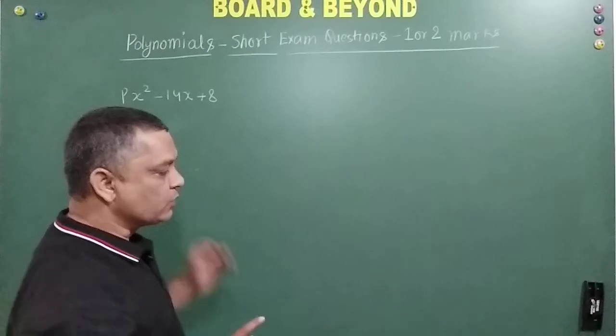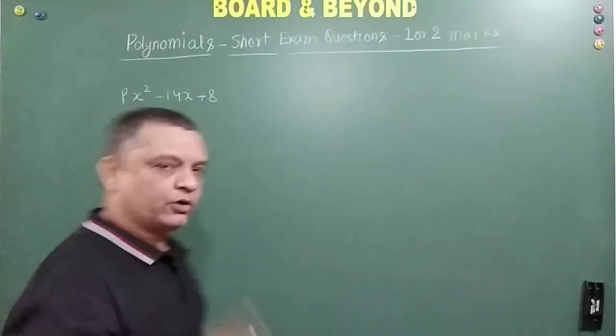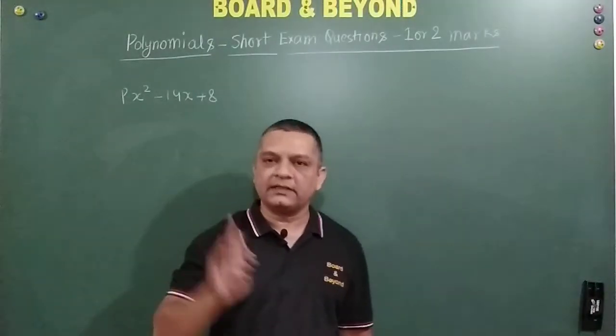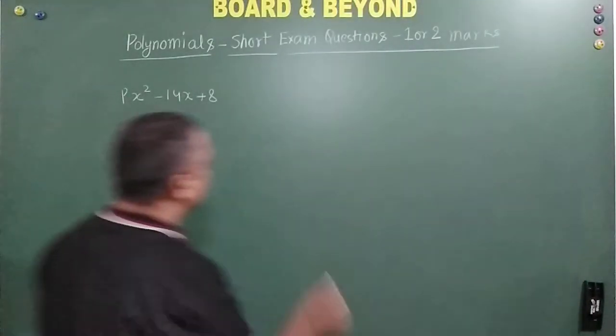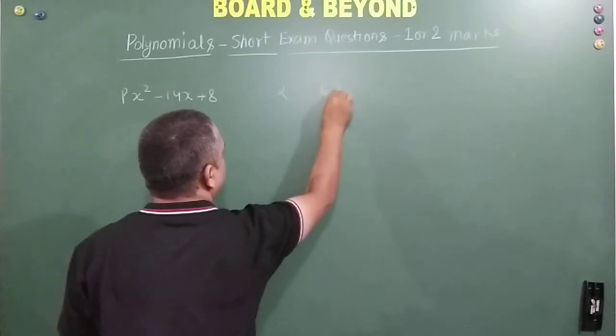Okay, so there are two things given here. This quadratic polynomial is given, and the condition is given that one root is 6 times the other. Right, friends? So let us say one root is alpha, so another root is 6 alpha.